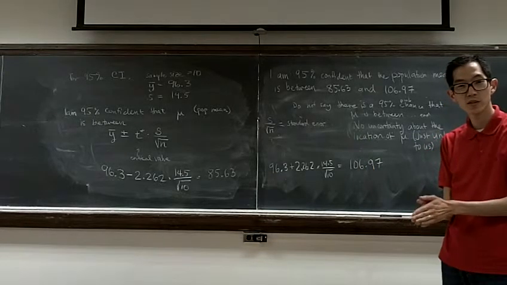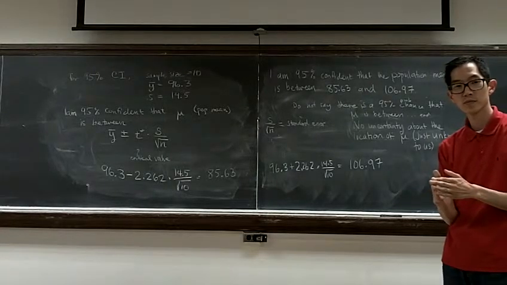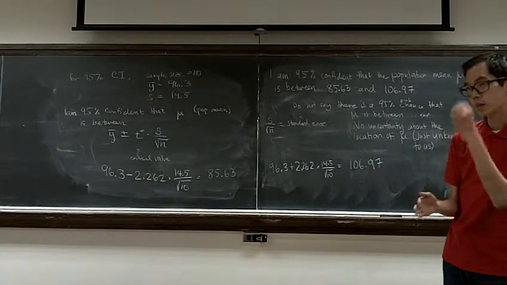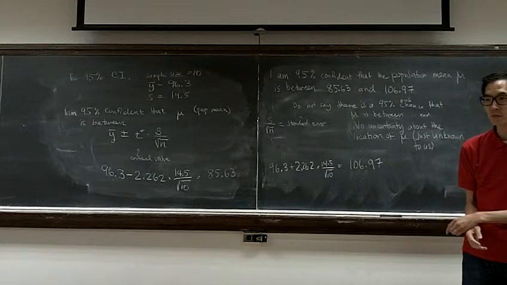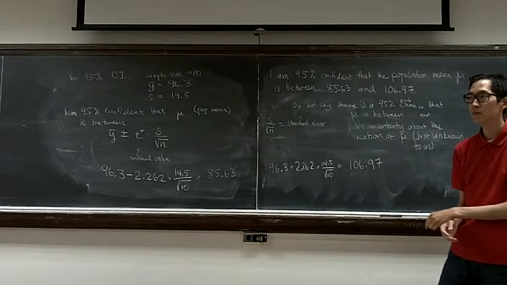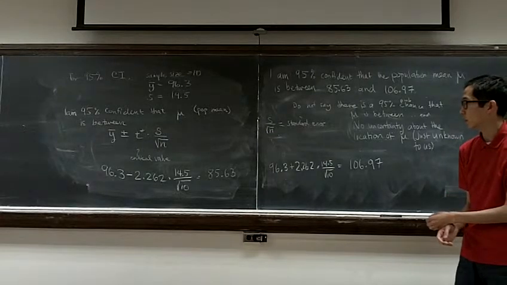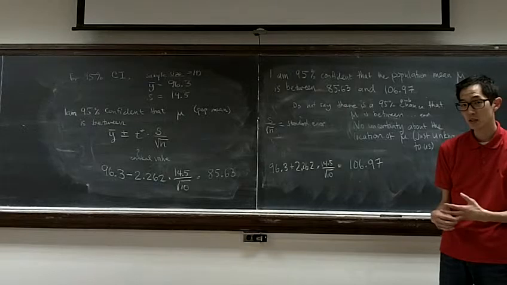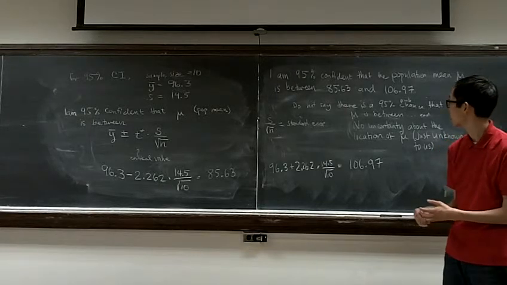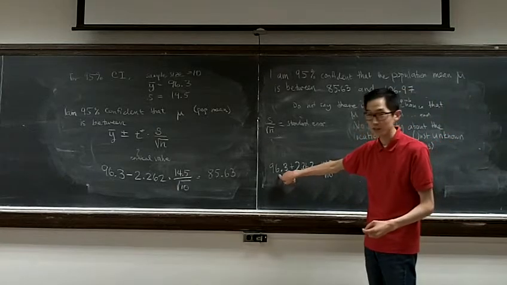Yes? Is there any value in statistics for finding the mean between the two boundaries, finding the average and then using that as a working mean? Like, since you say I'm 95% confident that it's between 85.63 and 106.97, if you found the average of those two numbers, it would be 96.3.